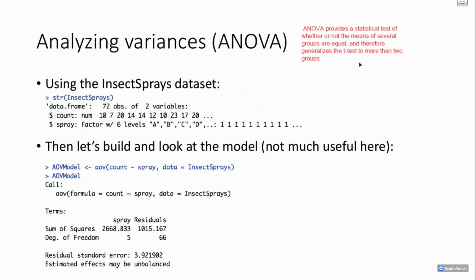Like in our mtcars data set, we are trying to predict gas mileage based on various factors, such as the number of cylinders, the transmission, weight, and lots of other factors in that data set.